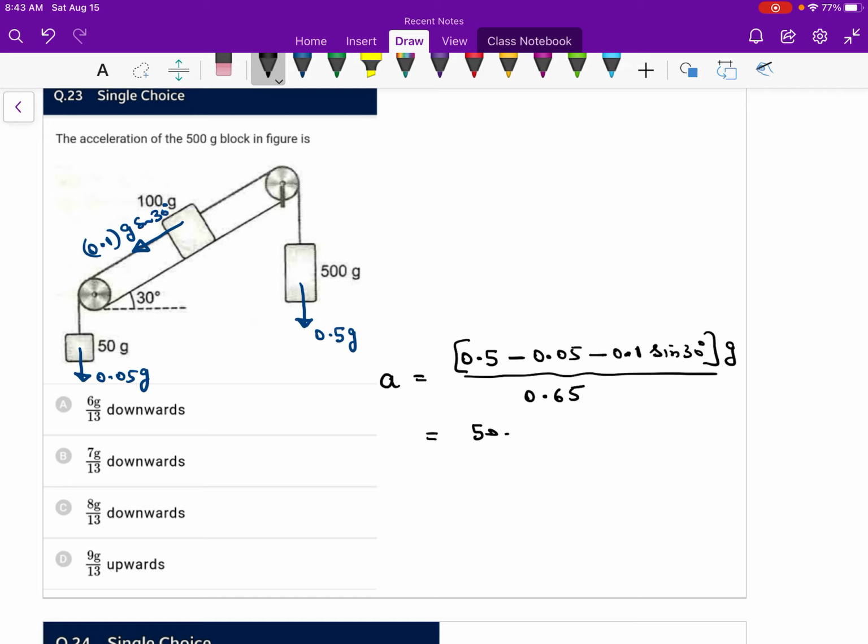So this is 50 minus 5 minus 5, since 0.1 sine 30 is 0.05, again 40 upon 65 into 10. In terms of g only, so 40 g by 65, that is 8 g by 13. So 8 g by 13 is the downward acceleration of the 500 gram mass.